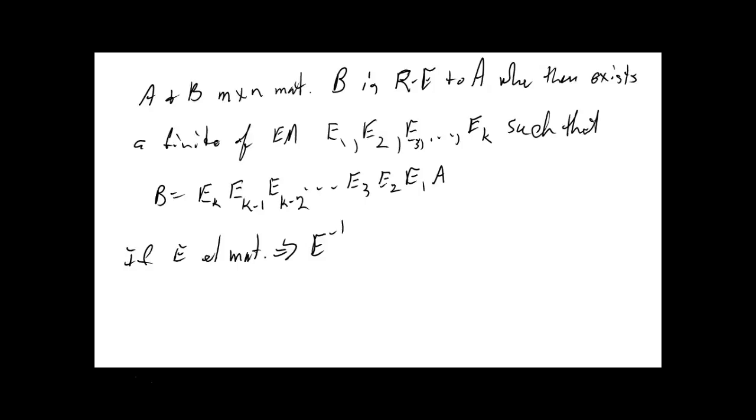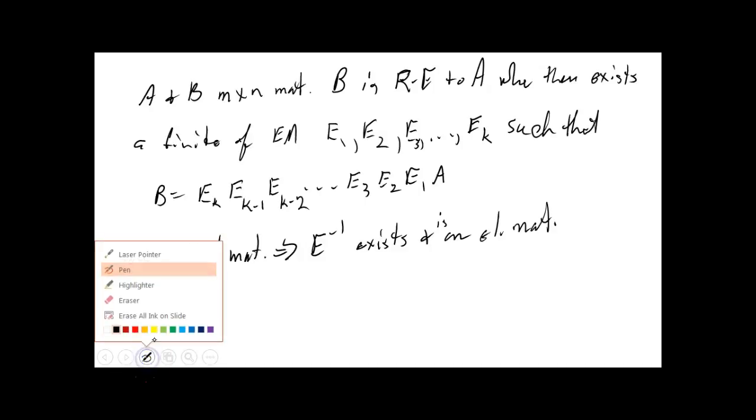So the inverse of E does exist and is also an elementary matrix itself. Okay? Now, this next part I don't find intuitively obvious.